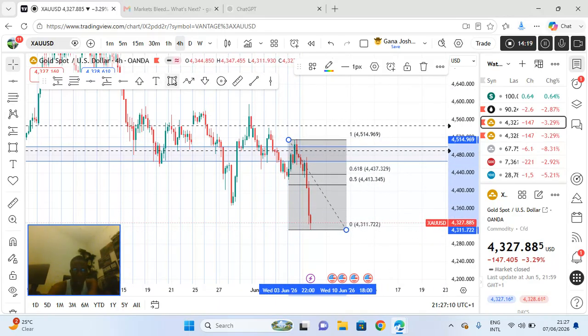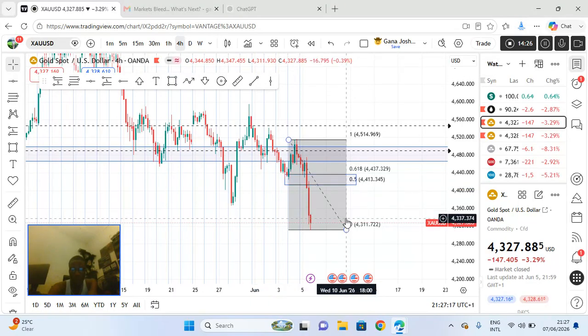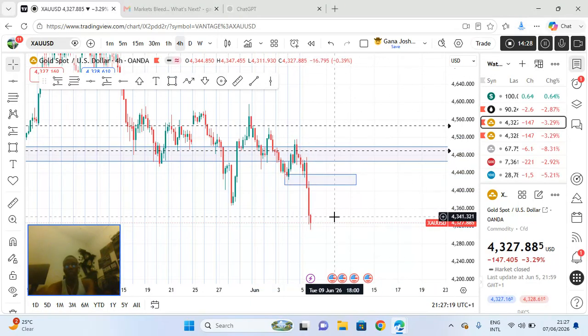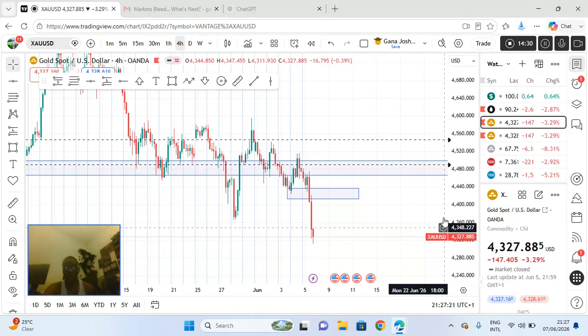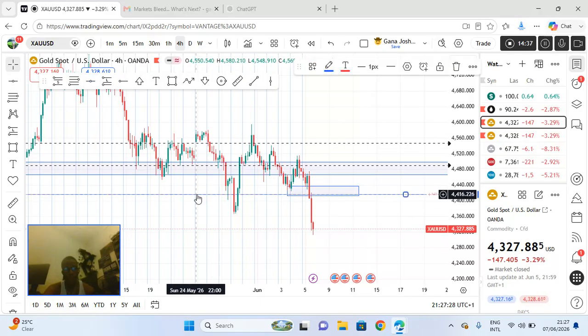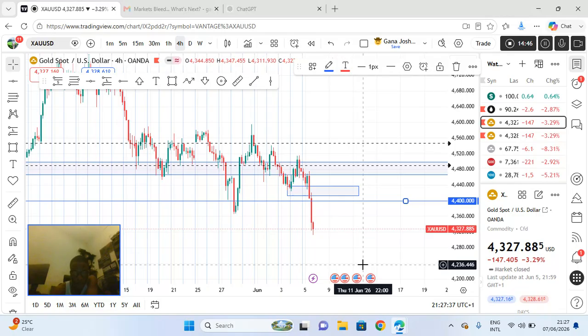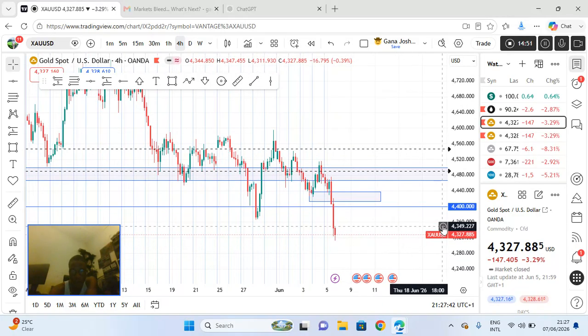We're going to be expecting some retests to this side, which puts price at around 4,400, above 4,400.